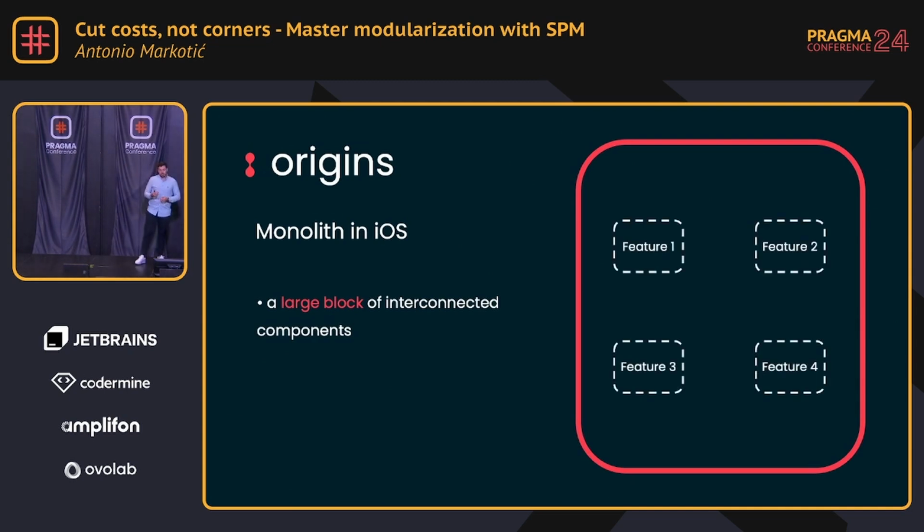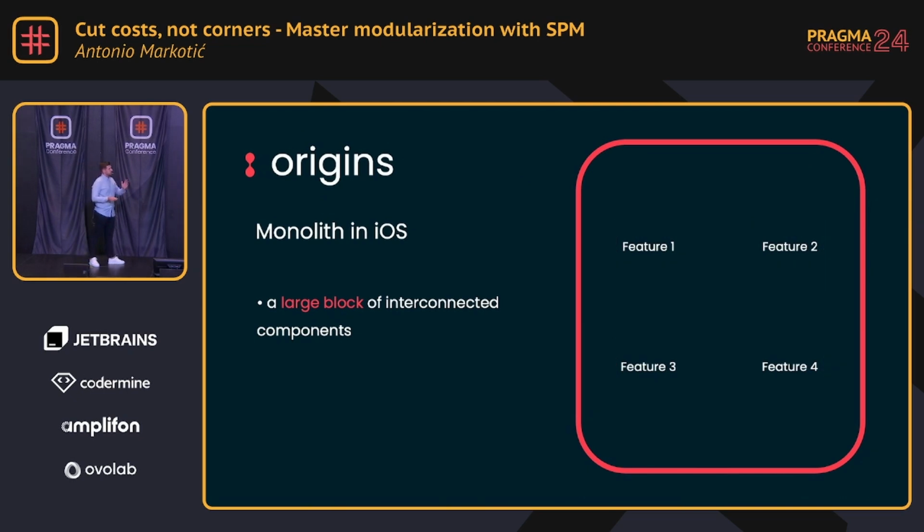And of course, this large block of code is created of several smaller subcomponents, but it's almost as if there are no strict lines in between them, as if they are completely coherent, meaning you can use functionalities from one feature in another, you can use a component from feature 2 inside of your feature 3, and so on and so on.